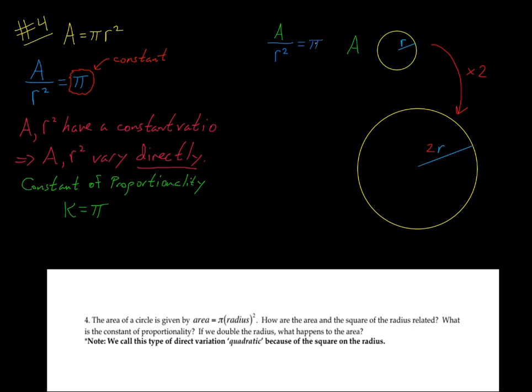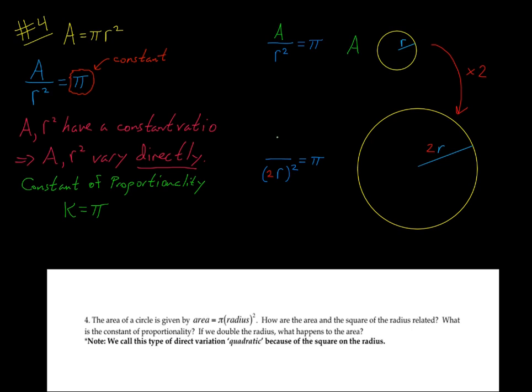Now that same relationship is going to hold for this new circle, except now the radius is not r, it's going to be 2r. So we know that the area of the new circle divided by the square of its radius, which is now 2r, is going to have to come out to be pi.